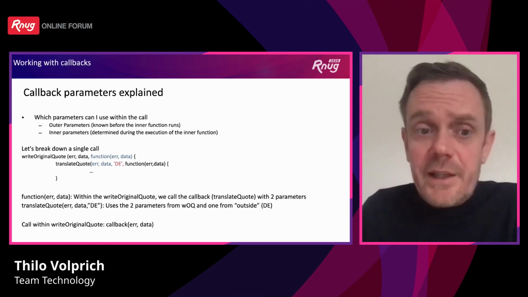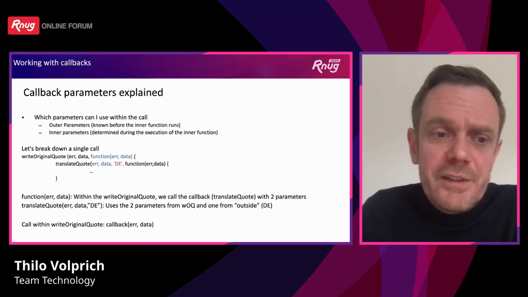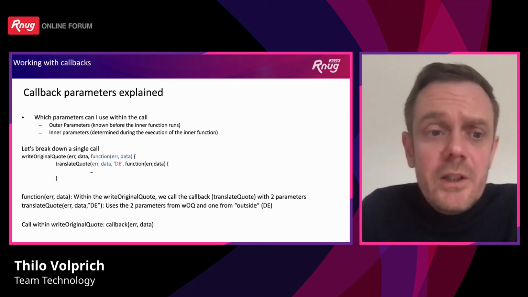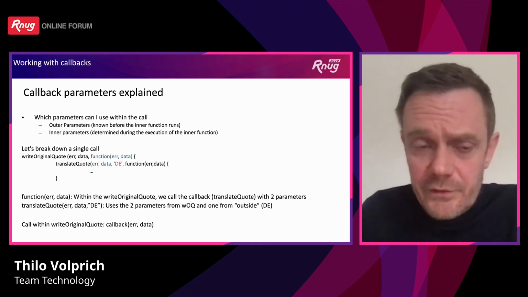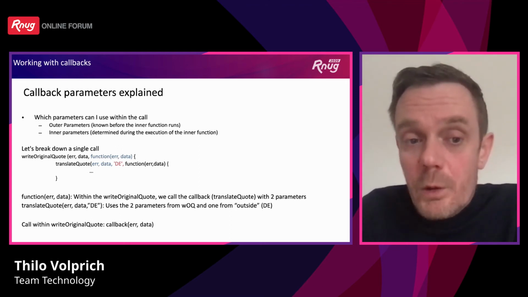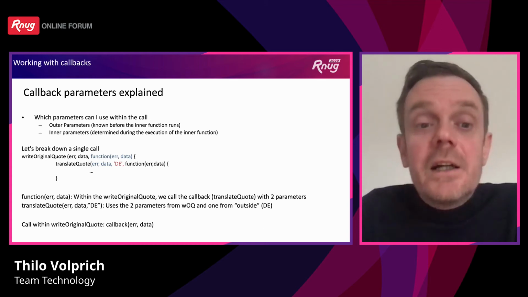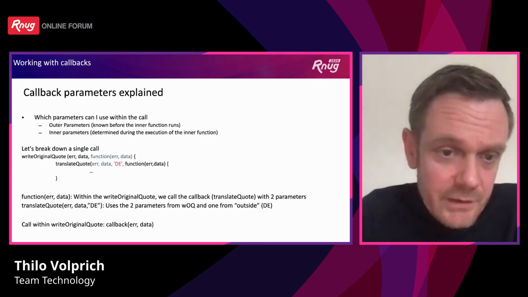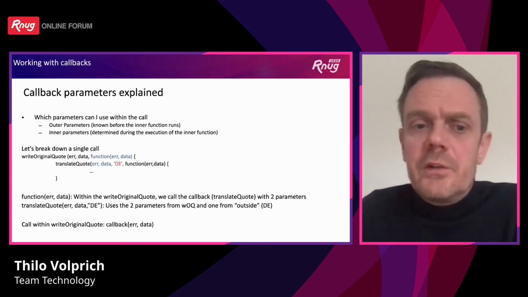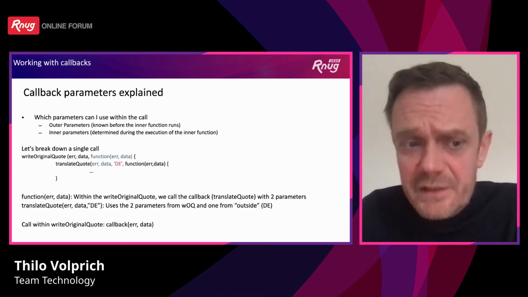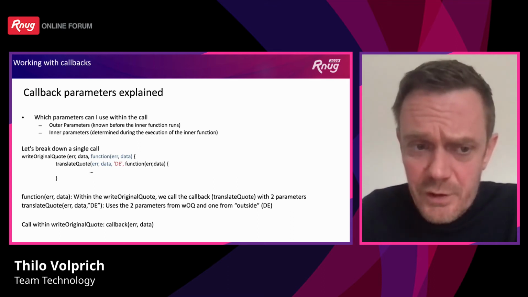Let's break it down to a single call. We write the original quote. This was our functionality. We have error and data, so the things we put in, and then we call asynchronously the function translate quote. This is always done in the way you see it here. So we put in a function with error and data as last parameter of the function call.